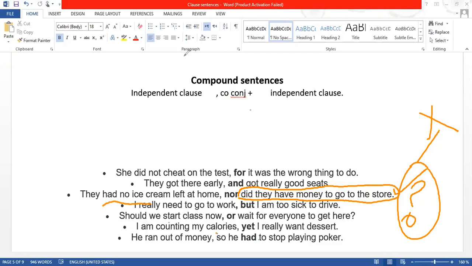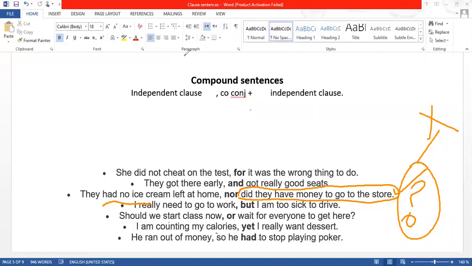So you have to go and make sentences, remember, in order to master this word, you have to make more sentences like this. And if you see, it's a little bit different. After and we have a straight sentence, but after nor we can have a question sentence.